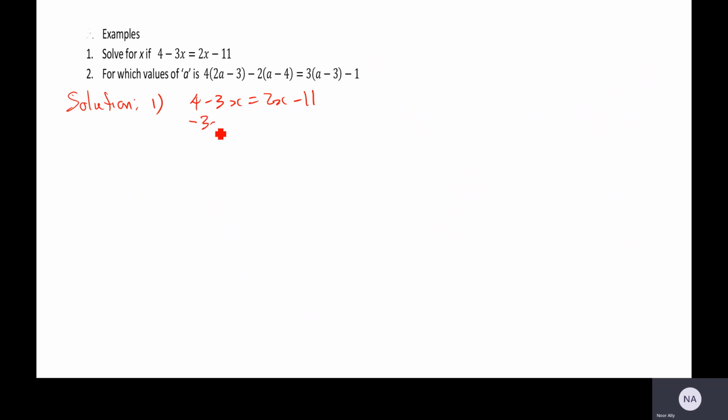Well, generally, people tend to take the x's to the left-hand side, or the variable to the left-hand side, and the constants to the right-hand side. Apply your addition of like term laws and rules, minus 3x, minus 2x, minus 5x, minus 5.